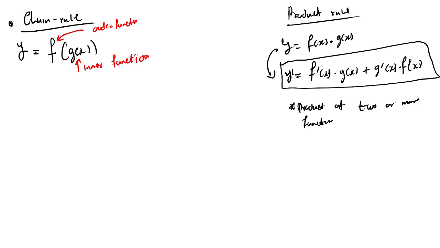So we use the chain rule whenever we are having a composite function. That basically means that we use the chain rule when we have an outer function and an inner function. So that's where we use the chain rule.